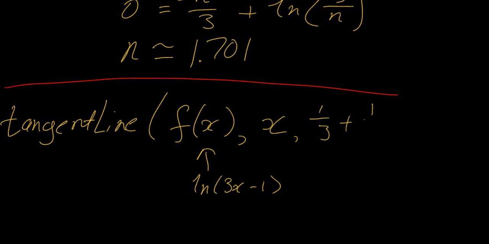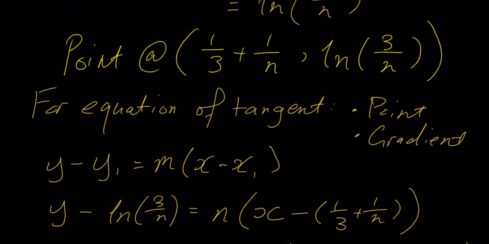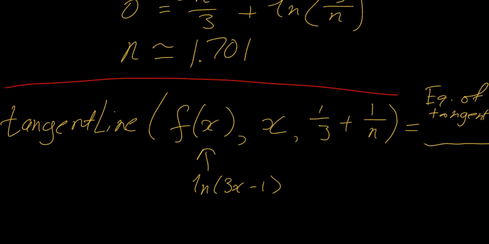We found that out with a bit of working out, and that was 1/3 plus 1 on n. Let's just make sure that's right. Yep, we're looking at this one over here: 1/3 plus 1 on n. So if you give the CAS these 3 features, then it spits out the equation of your tangent, or to be more precise, the expression or the rule of your tangent.